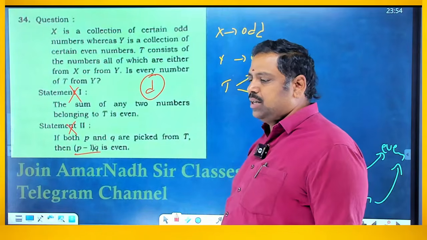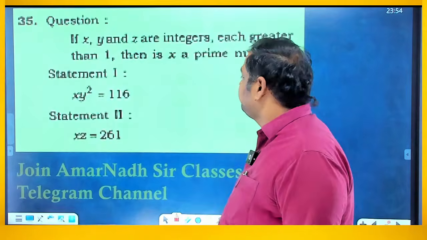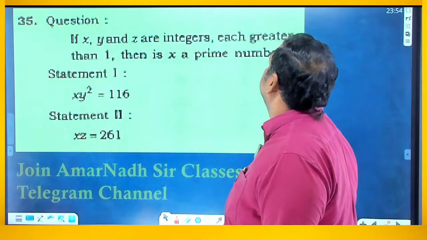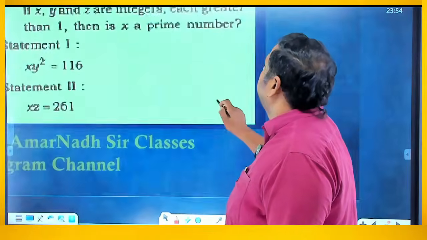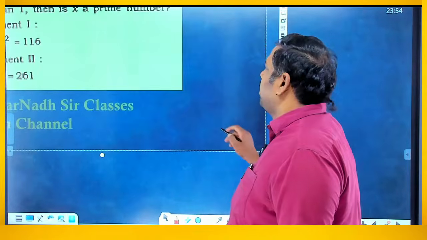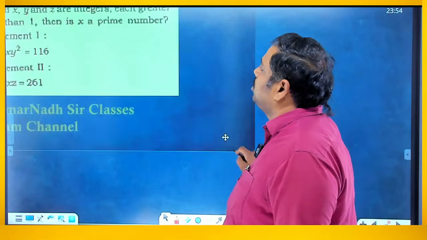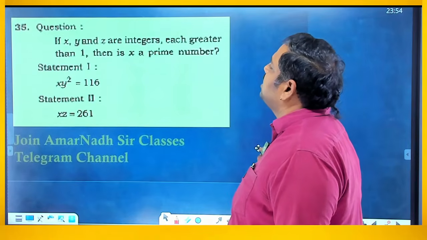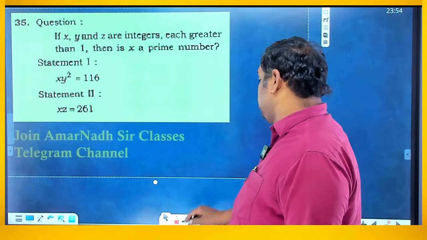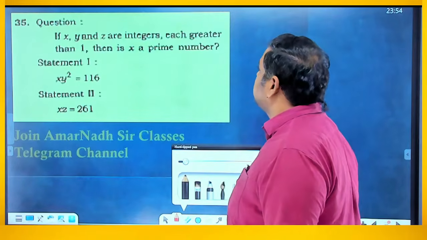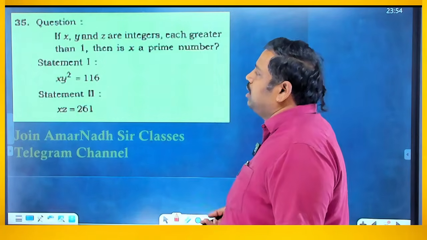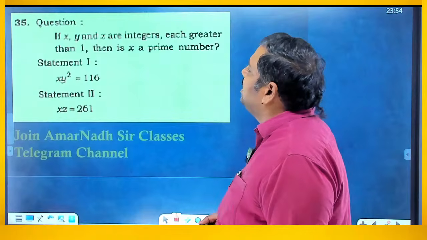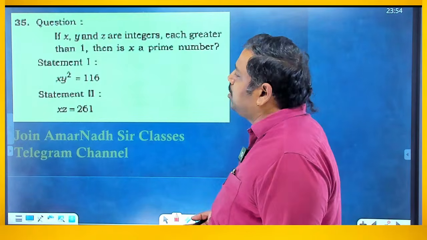Okay, that's the next beautiful question. If x and y are integers, each greater than 1, then is x a prime number?